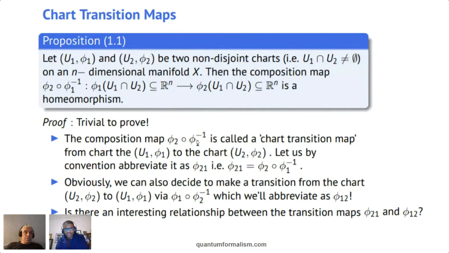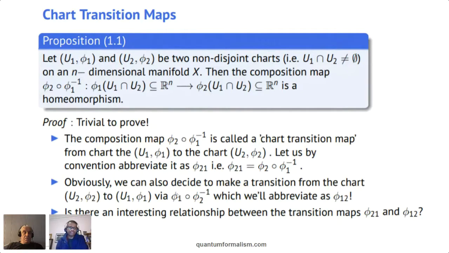So this composition is called the chart transition map from chart U1 phi 1 to chart U2 phi 2. I will abbreviate this in the notation as phi 2 1. So phi 2 1 is just this composition. Obviously, we are going from the first chart to the second chart.